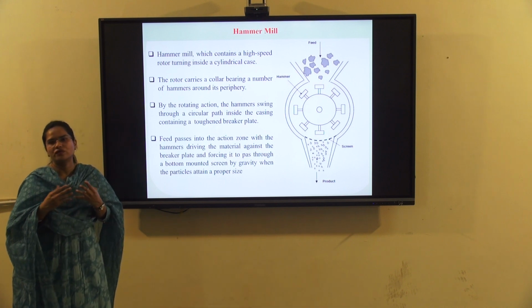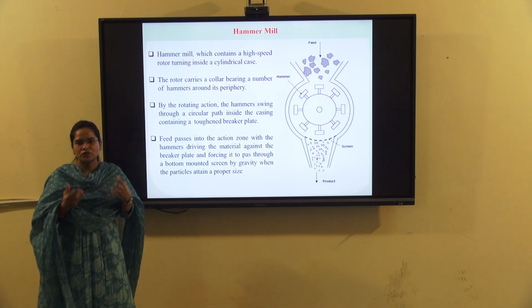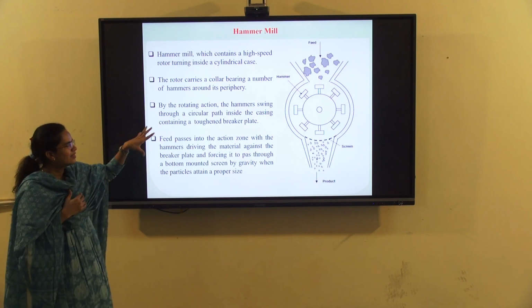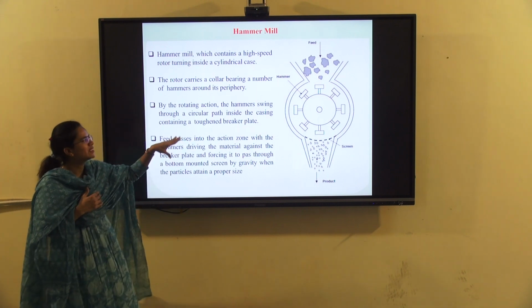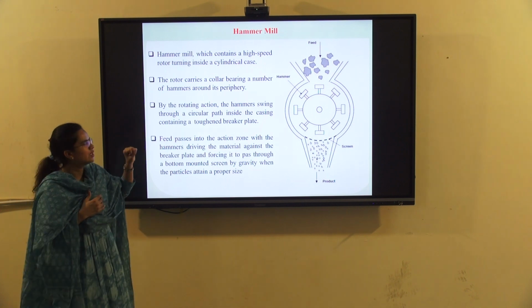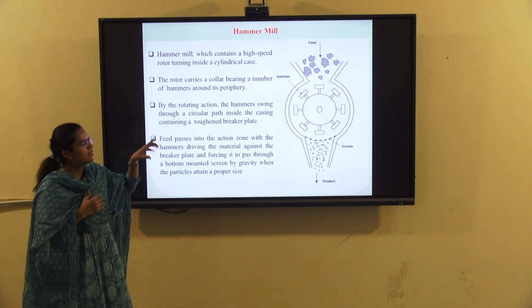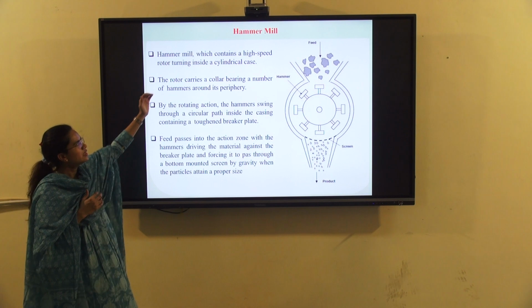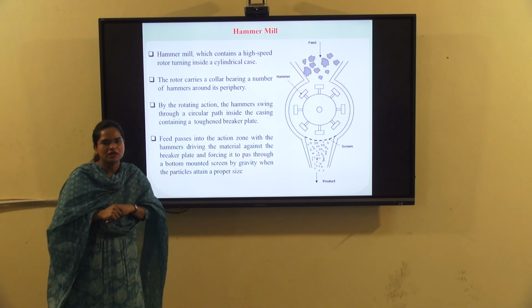Like in the case of wheat to produce flour. The component of the hammer mill is the hammer, which is attached to the rotor that continuously rotates. It is assembled inside the assembly where the feed enters from the top of the hammer mill.